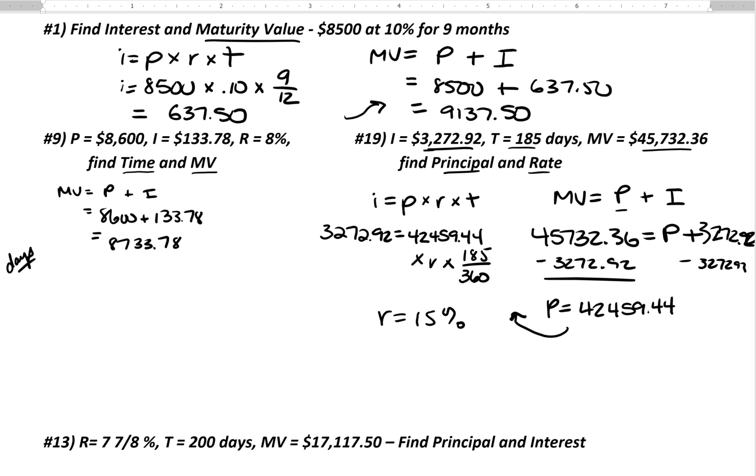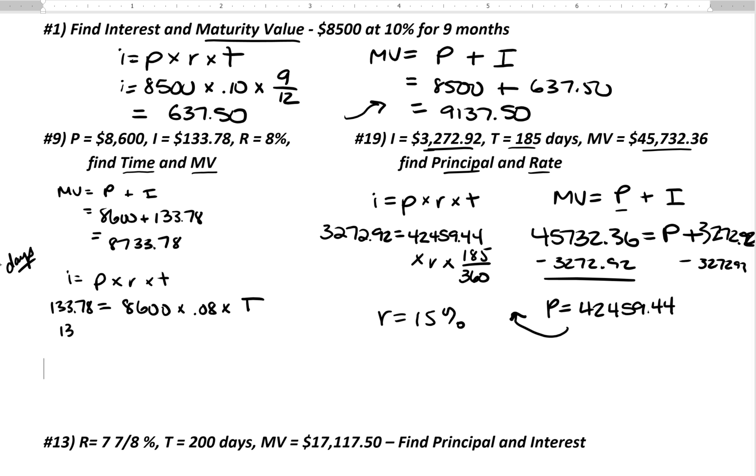So that's easy. Now we need to find time, and this question is to find time in the number of days. So we know that interest equals principal times rate times time, and we have the interest amount, $133.78, that's given. We have principal is given of $8,600. We know the rate is 8%, so 0.08. What we don't know is time, but we can solve for time algebraically.